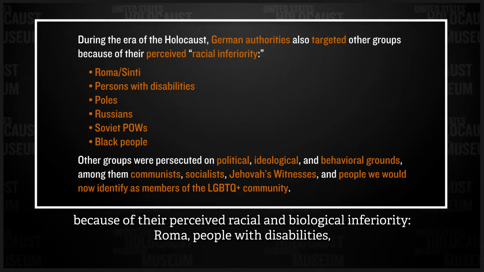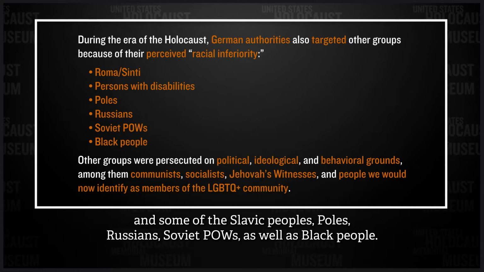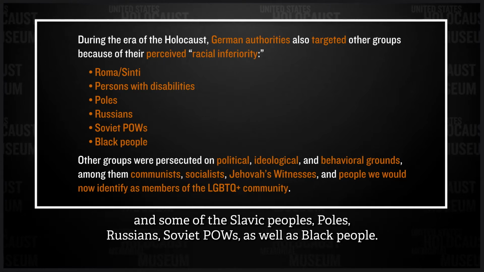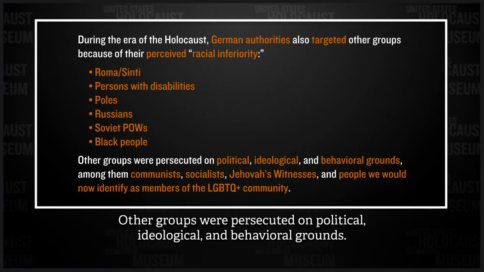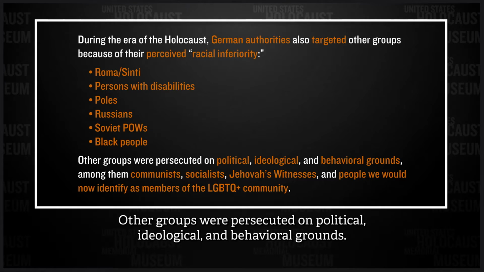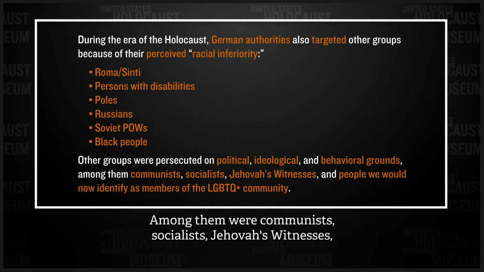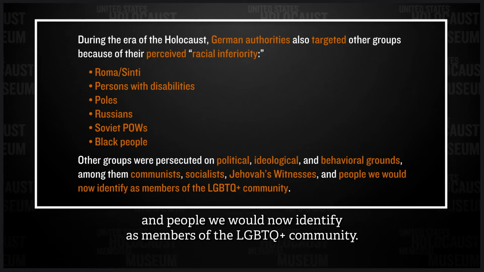Roma, people with disabilities, and some of the Slavic peoples, Poles, Russians, Soviet POWs, as well as Black people. Other groups were persecuted on political, ideological, and behavioral grounds. Among them were communists, socialists, Jehovah's Witnesses, and people we would now identify as members of the LGBTQ+ community.